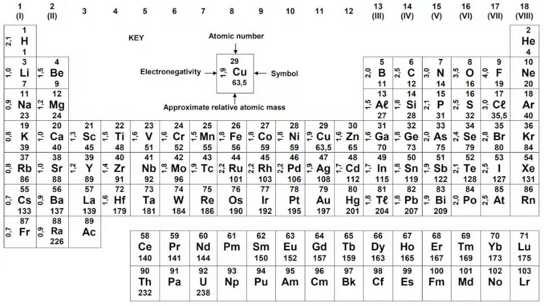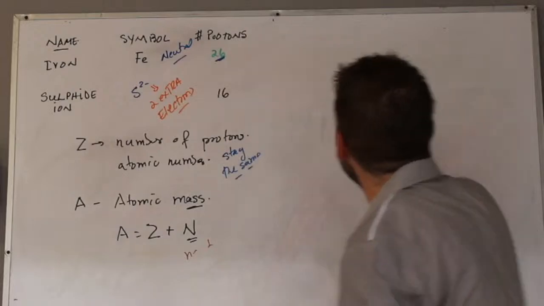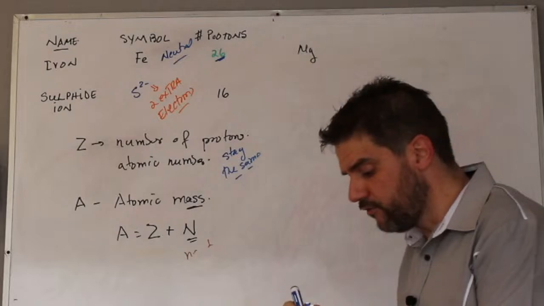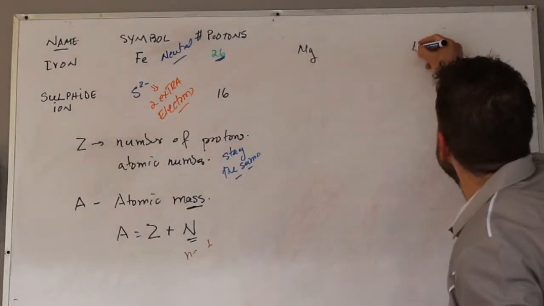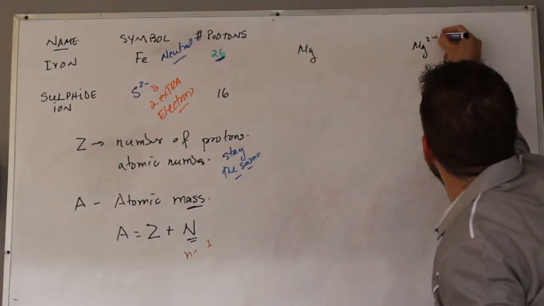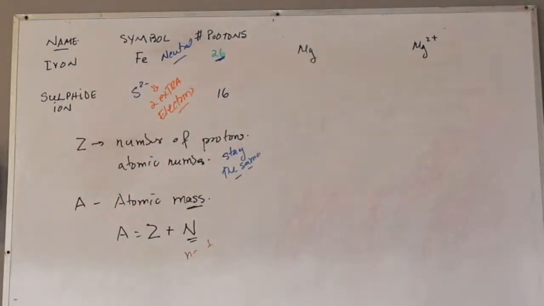Magnesium is element number 12. It means it has 12 protons, 12 electrons. Magnesium, Mg, can form a magnesium ion. Magnesium ion is Mg2+. Yes. You see?